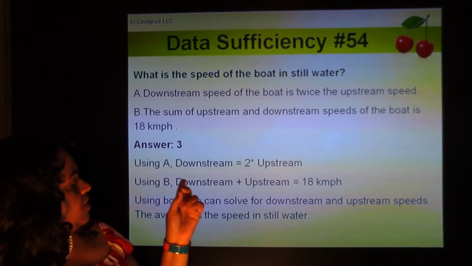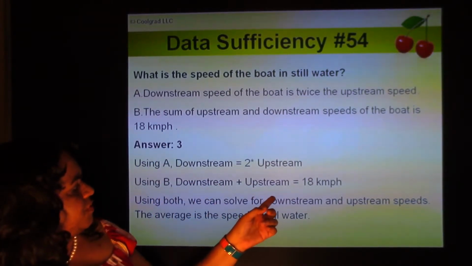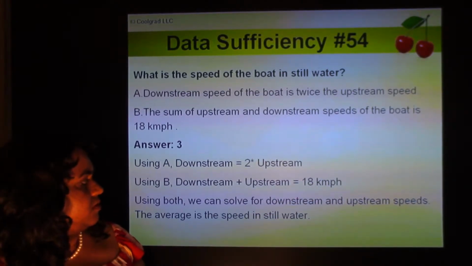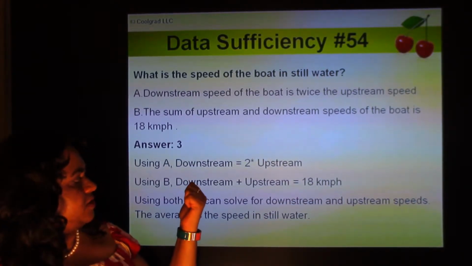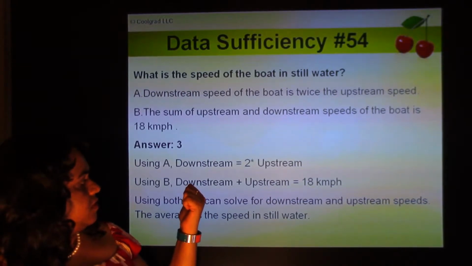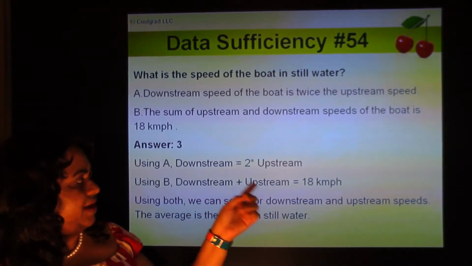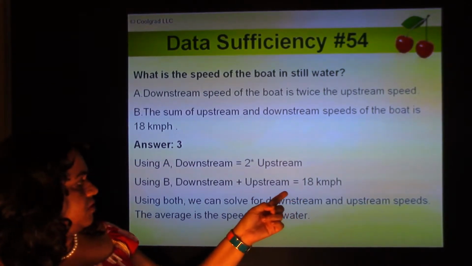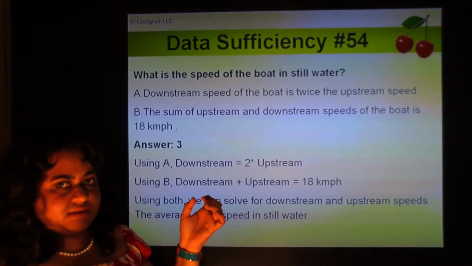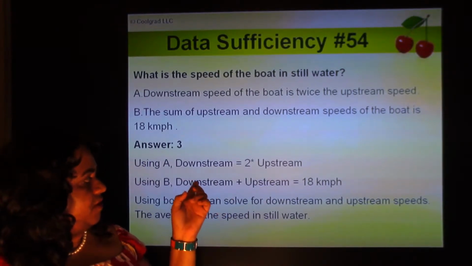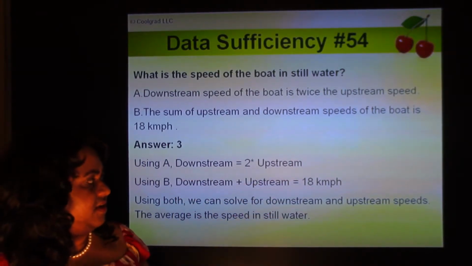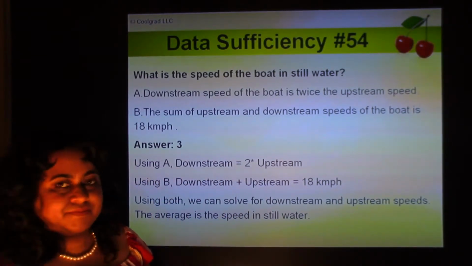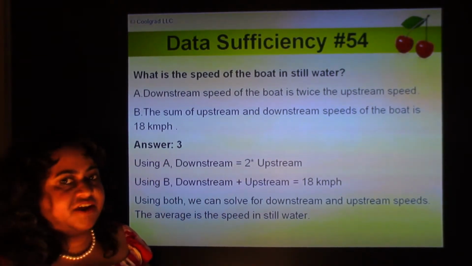Using statement B alone, the sum of the upstream and downstream speeds is 18 km per hour. So x plus r plus x minus r is 18 km per hour. The resistance cancels out, and we have 2x is 18, so x is 9 km per hour. So actually using statement B alone, we can solve this problem. I'm sorry, there's a mistake here.